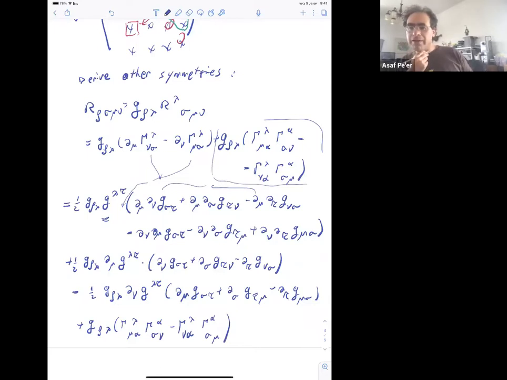Right, but eventually there is nothing really here. I just use the definition of the affine connection, right? The inverse metric times the first derivative of the metric, plus and minus, and then I just took the derivative in there.